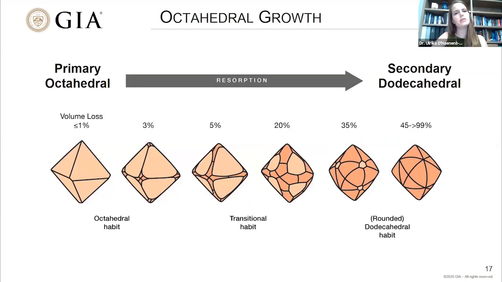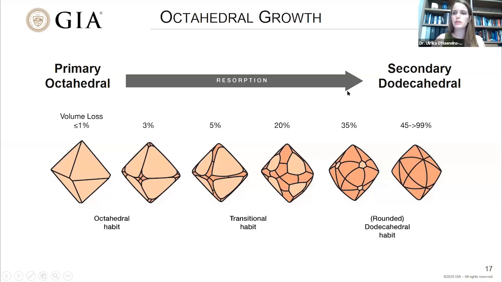So most diamonds, when they grow, form an octahedral crystal shape. So it's effectively two square-based pyramids stuck against each other, as you can see here. Now, although some of these beautiful octahedral diamonds can be found, most diamonds have actually gone through a process of resorption.